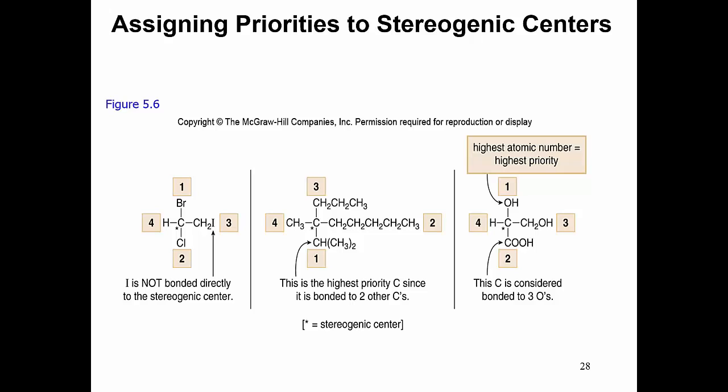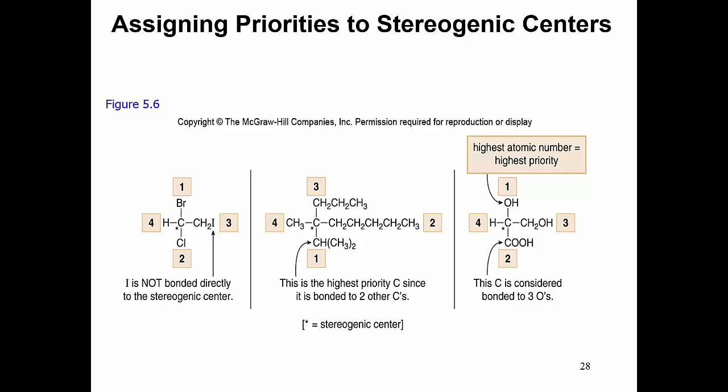So we have an oxygen directly attached to our stereogenic center. That's the highest atomic number atom attached to it. The other 2 atoms attached to our stereogenic center are both carbons. So we look at the next atom attached, and they're both attached to oxygens. But the carboxylic acid, the COOH, has a double bonded oxygen.